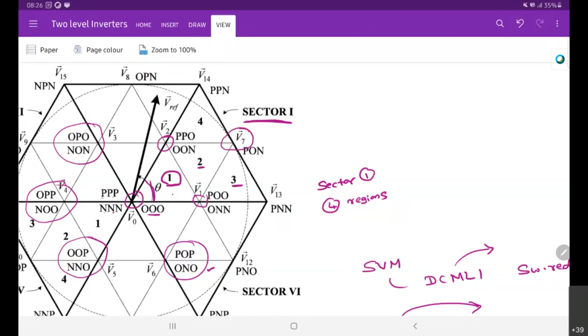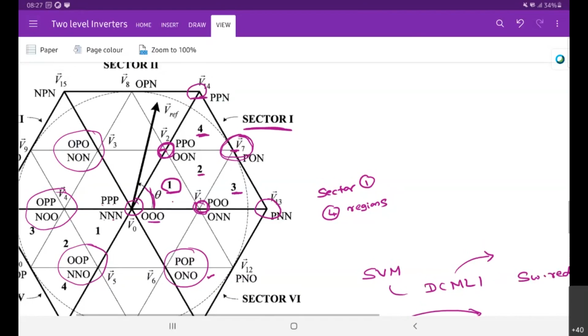Similarly, if it is in region 3, the output voltage depends on 2 small vectors and 1 large vector. If it is in region 4, it depends on one large vector, one small vector, one medium vector, and one large vector. That's why it's divided into 4 regions. Later classes we will discuss that.